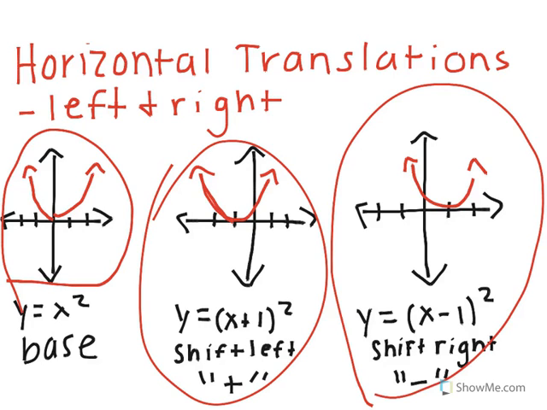Horizontal translations must happen inside and next to the x, and it's usually within parentheses, not always, but a lot of the time. So when it's written like this, you know that there's a horizontal shift because the x is inside.